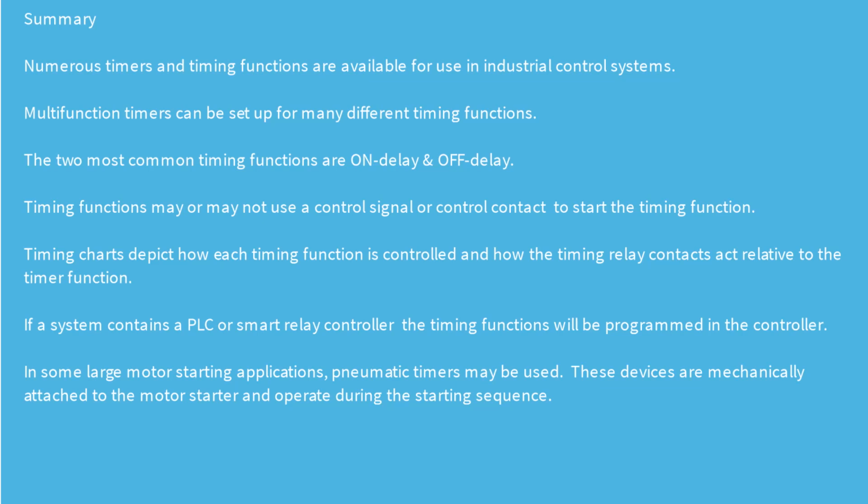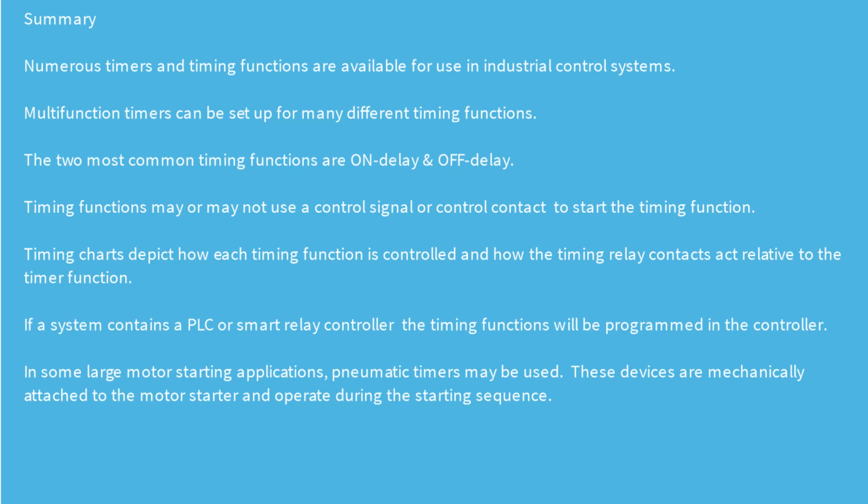Summary: numerous timers and timing functions are available for use in industrial control systems. Multifunction timers can be set up for many different timing functions. The two most common timing functions are on delay and off delay.